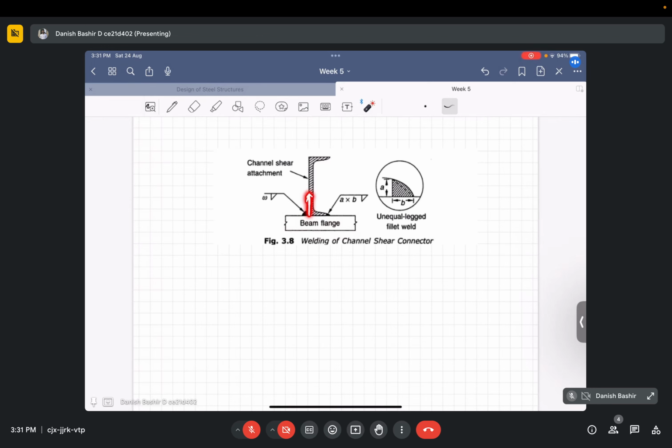Vertical thickness has to be equal to the thickness of the flange of this channel section. So there is unequal length of the legs of the fillet weld. I inscribe a right angle triangle there and see what is the minimum length of one side. That will be the size of this fillet weld. This is an unequal-legged fillet weld. This is important for you.